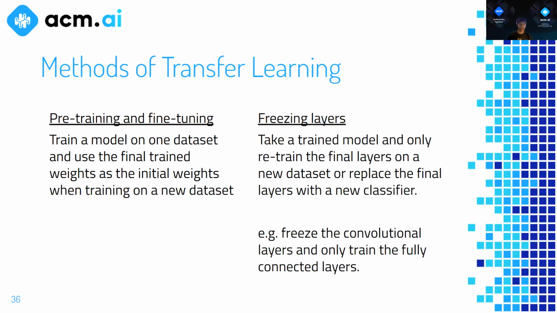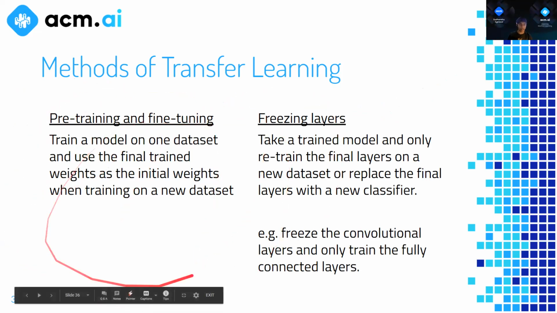Another method of transfer learning is by freezing layers. Again, you download your pre-trained neural network, and you freeze a certain section of that network. So I freeze some portion of it, and then I just train the final few layers for my application. So that's another way to perform transfer learning.